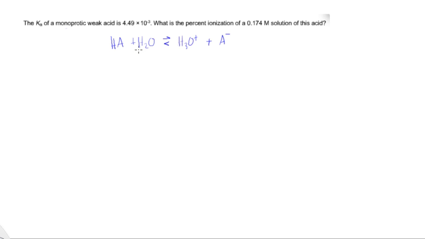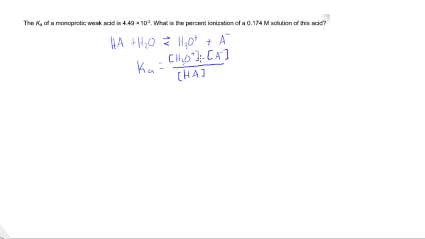And we're given the Ka, so Ka is going to be the hydronium concentration times A minus, all over the concentration of HA.